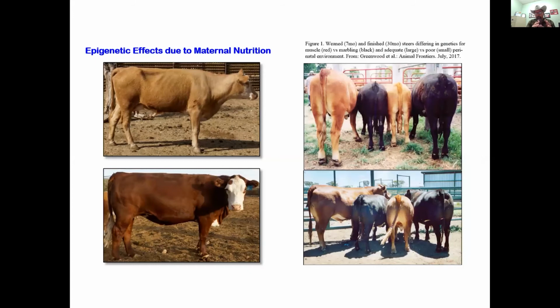Well, let me show you some pictures of Arizona cows and some Australian calves here to kind of make a point. So the pictures on the right are from a set of 4 calves in Australia. The top picture was when they had been weaned, and the larger calves on the outside would have been produced by cows in a good nutritional environment, and their moms probably looked something like this lower red cow on the left slide, body condition 6.